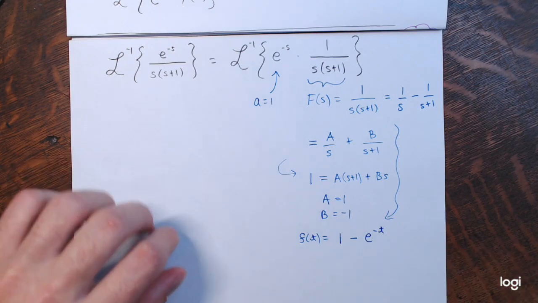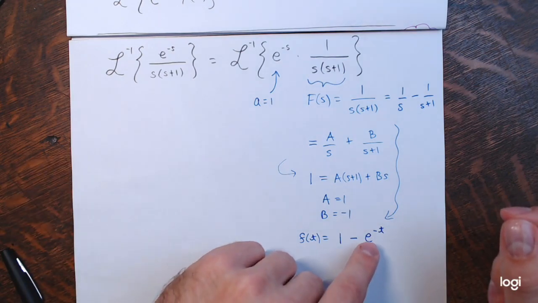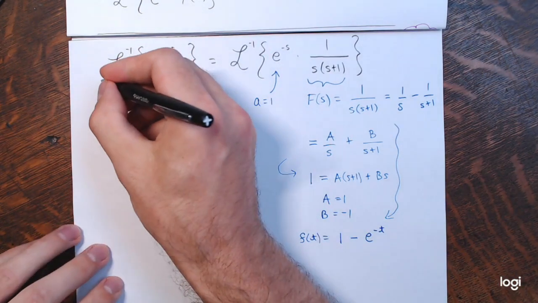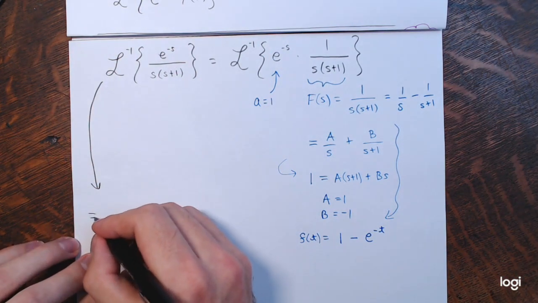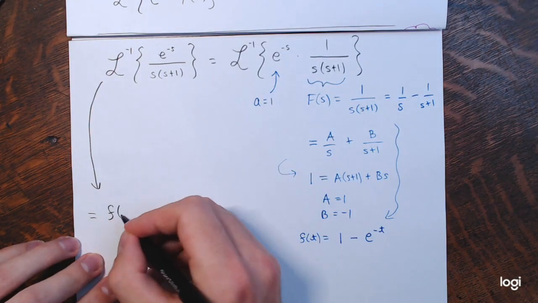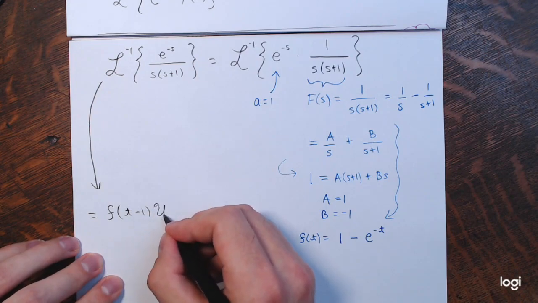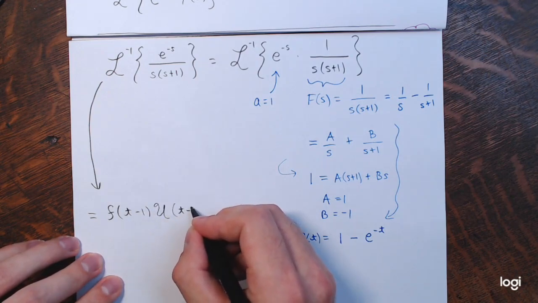And then I just need to replace t here with t minus 1, right? Because when I apply this theorem, this will be equal to f at t minus a, so f at t minus 1 times the unit step function at t minus 1.